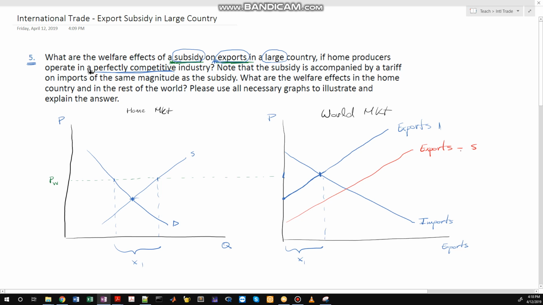Okay, and basically this subsidy, because it's a large country, and now the price of the world is going to change to this new price, P star basically.